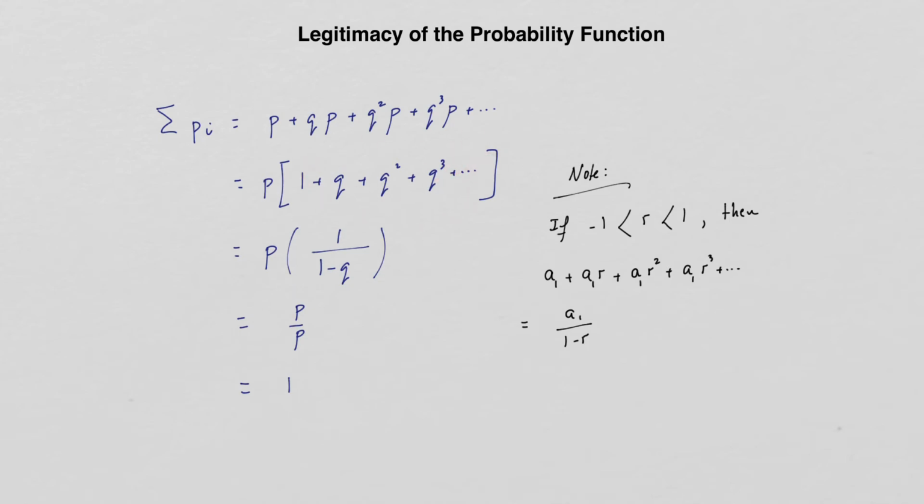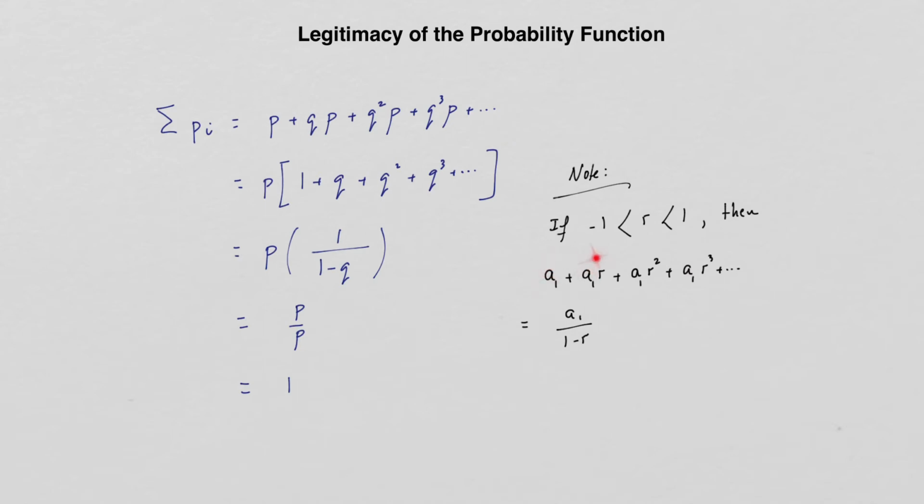And if you remember from series and sequences, when we dealt with series, this is a series, which is a sum. If you have a sum where to move from one term to the next, you always multiply by the same number called the common ratio.